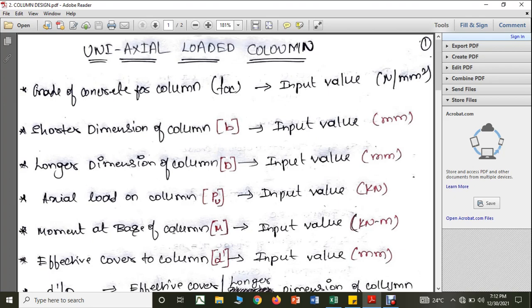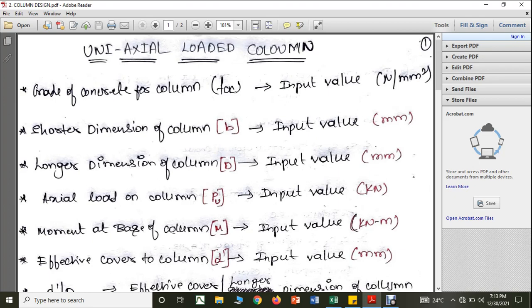When it comes to columns, we usually have three types of column design. We can design the column only for the axial load, and we call such columns axially loaded columns, that means they are subjected to only axial loads.